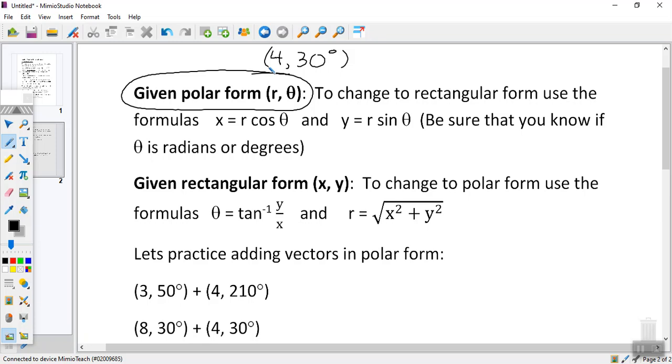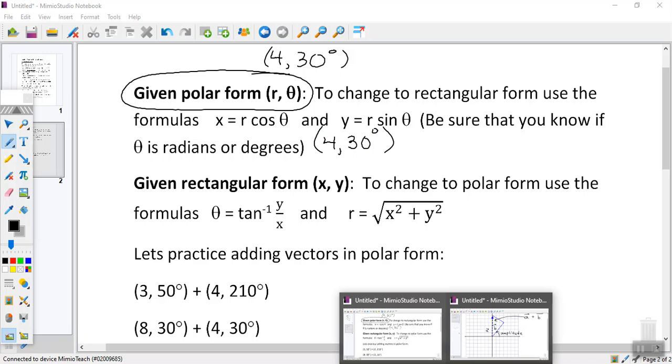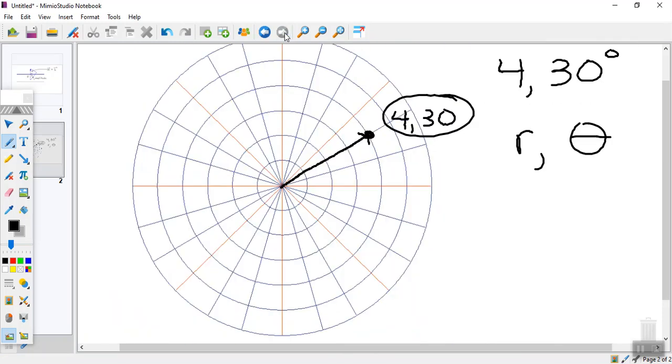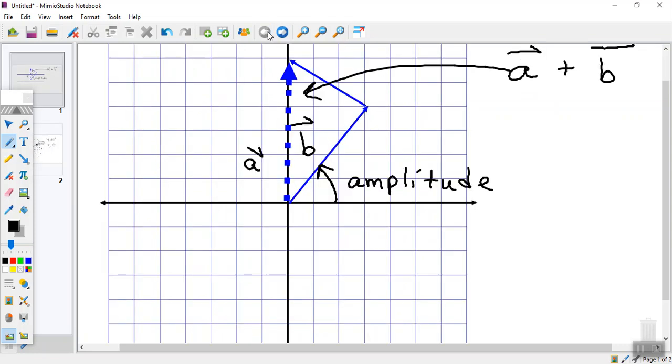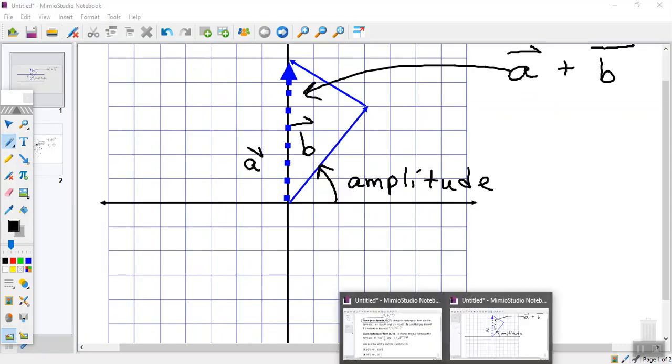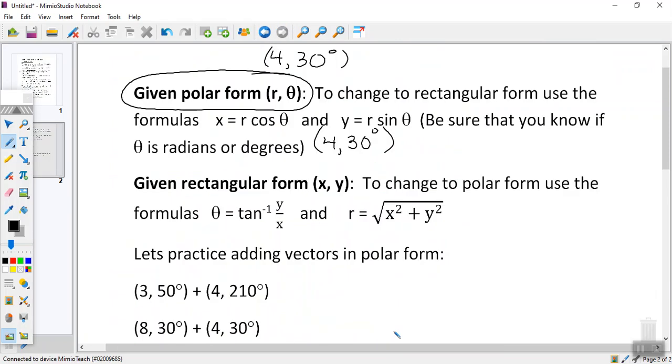Okay, so 4, comma 30 degrees in polar form, which is this point right up here, would become the following in rectangular coordinates.